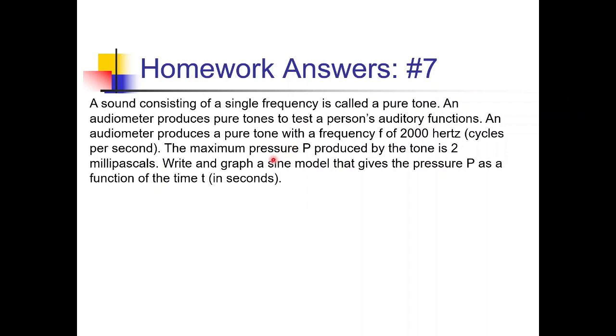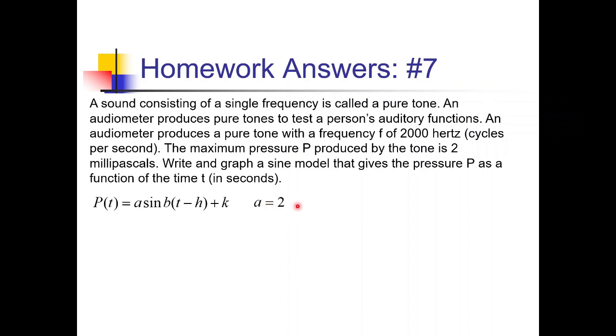It's sort of an output piece to any function, and the output variable here is this P. We're told that the maximum pressure is 2, so that means we can go up at most 2, and then presumably if they want a sine function, this has to go down 2 as well. There must be a positive, negative component to this. So we're going to say our A value then is this 2 right here. And they want a sine function, so we'll use that as our general guide here. So we have an A value of 2.